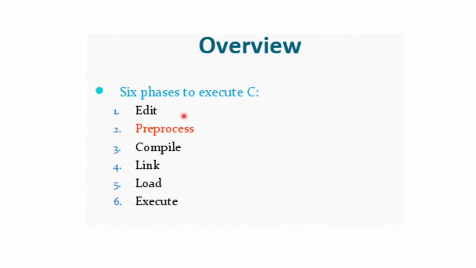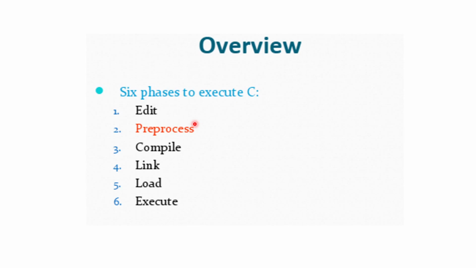The compiler basically edits and modifies your program. Sometimes it adds some lines, sometimes it deletes some lines, without changing the logic. That is what we call pre-process. And after pre-processing, a code is generated that we call intermediate code.